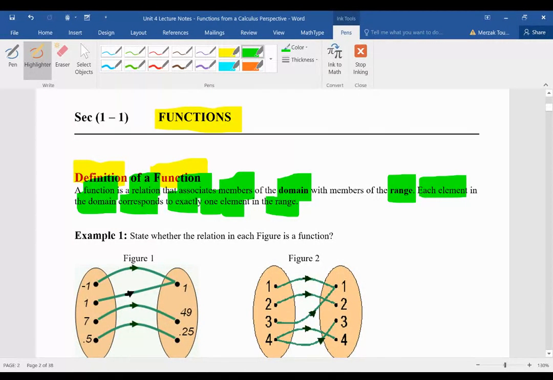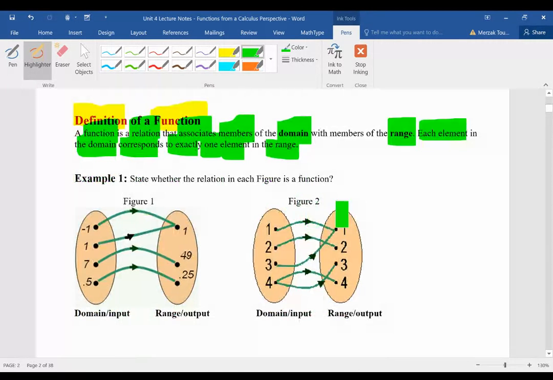So if we're given a relation and we're asked to determine whether this relation is a function, then we have to check or verify that each element in the domain corresponds to exactly one element in the range.